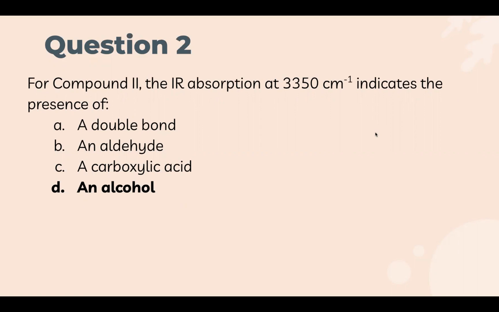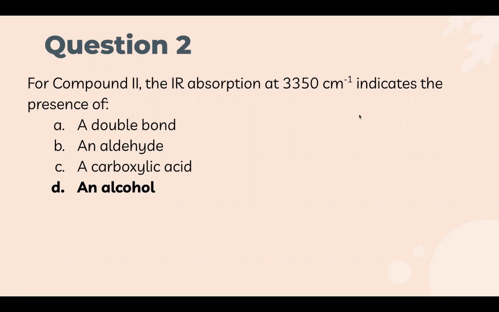All right, let me see. Yeah, you are right. But for compound 2 specifically, what they're asking about is you would have to choose between a carboxylic acid and an alcohol. And the passage told you that we're treating compound 1 with NaBH4. And what NaBH4 does is that it hydrates the ketones that I showed you before into alcohol groups.